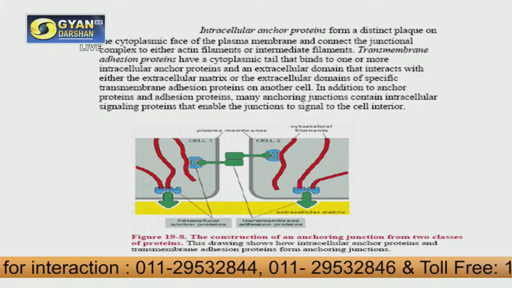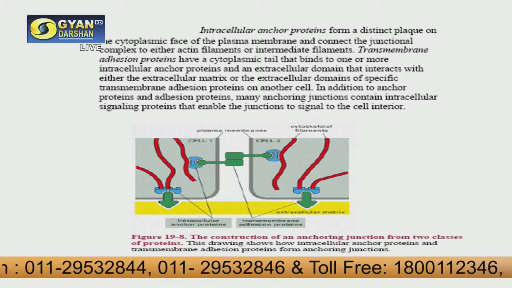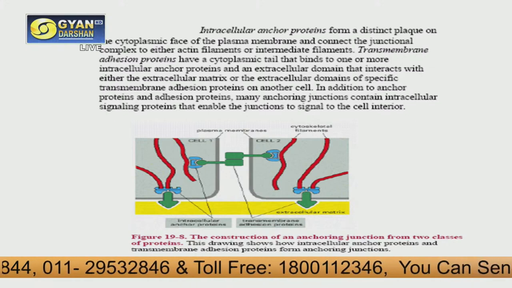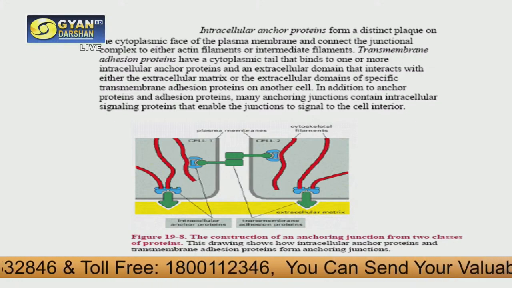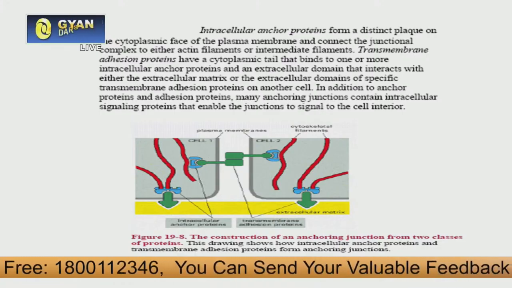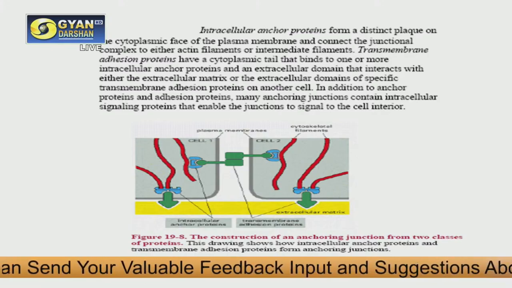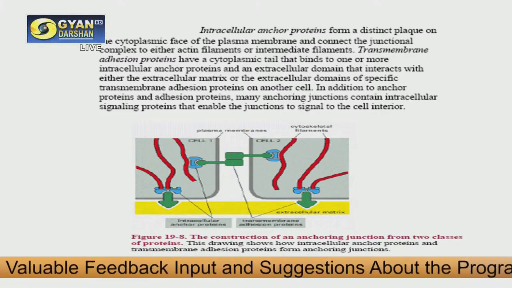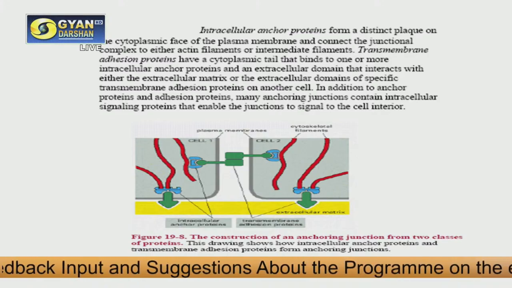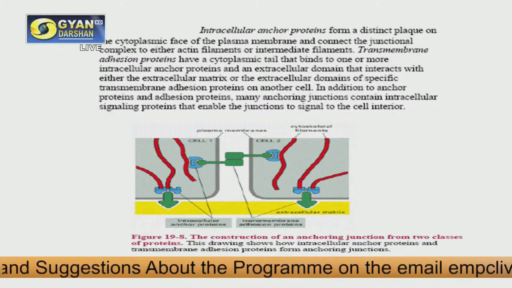The tail portion is within the cytoplasm and the head portion is outside the cytoplasm. Similarly, for the other cell also, the head portion is outside the cytoplasm, the tail portion is within the cytoplasm.